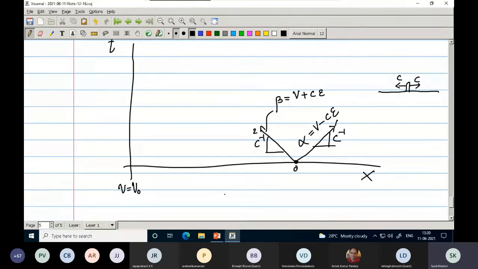So what is constant? This combination of velocity, wave speed, and strain.